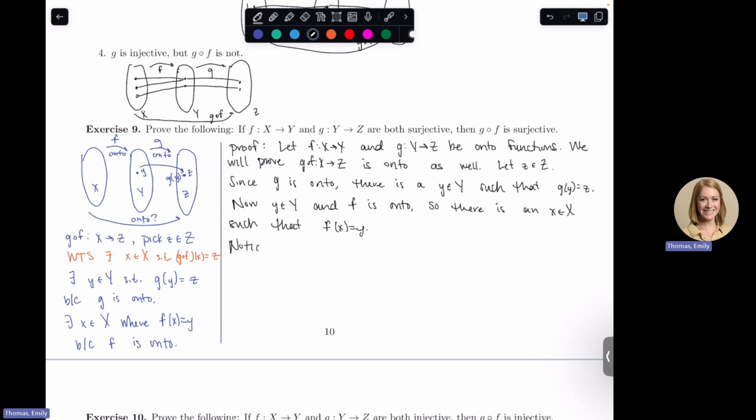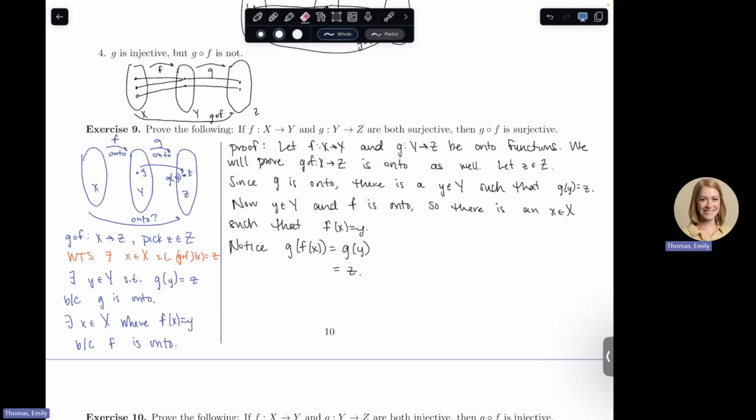Notice g of y equals g of f of x, which is equal to z. Maybe I should write that backwards. I'm going to write that differently. Sorry. g of f of x is equal to g of y, which is equal to z.